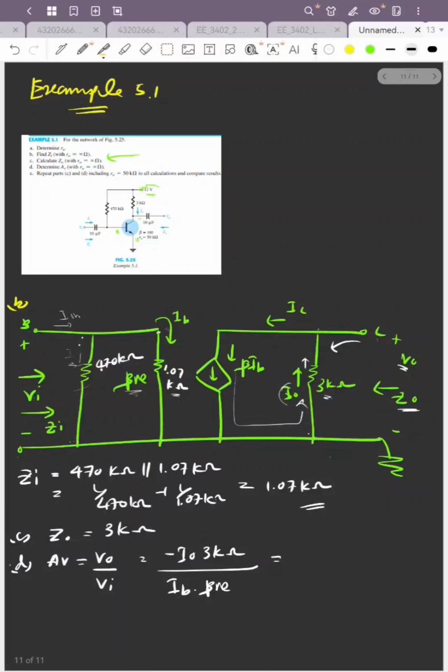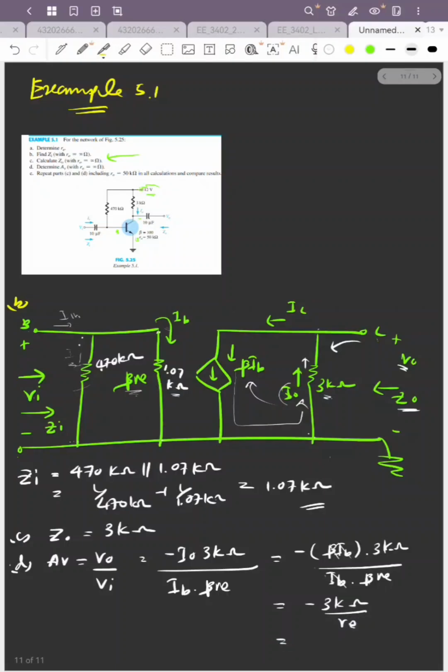So IO is equal to beta IB, so minus IO is equal to minus beta IB. So IB cancels, beta cancels. The final formula is minus 3 kilo ohm over RE.